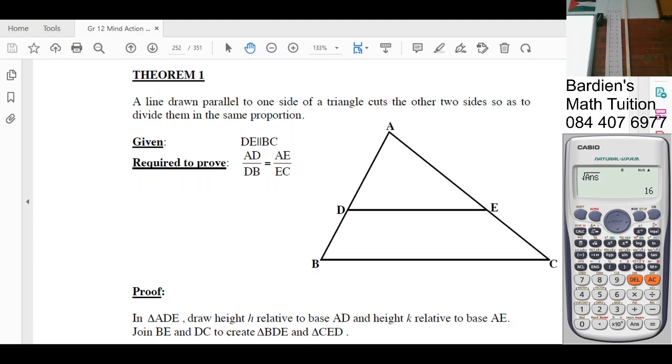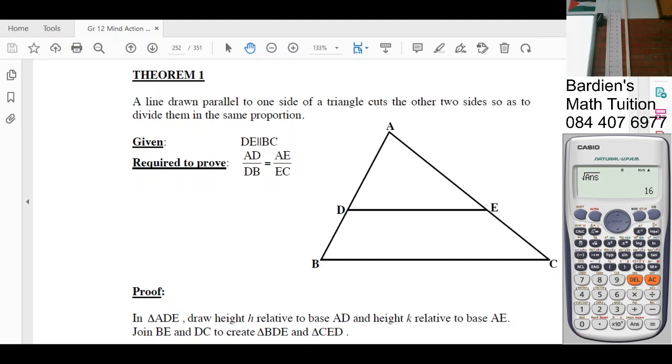Not so? Let's look at DEB, and this one is DEC. What do you notice here, people? What is the same in these two triangles? There's a same base, and they're between two parallel lines. And what was the theorem we said earlier on?